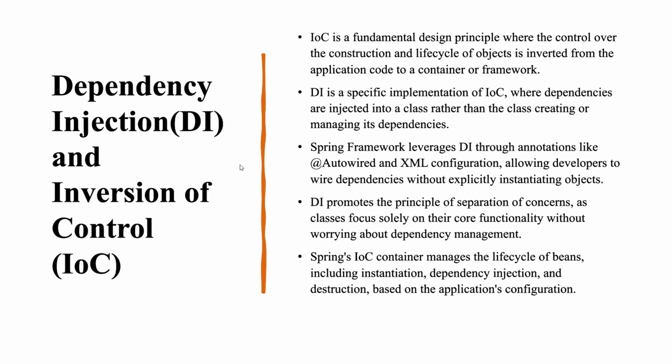And the Spring framework leverages DI through annotations like Autowired. I think you guys know these terms, Autowired and XML configuration, which allow developers to wire dependencies without explicitly instantiating objects. By using DI, developers can create more flexible and more modular applications, so that the components can be easily replaced or configured.